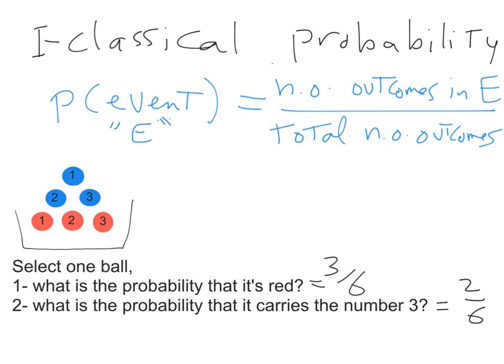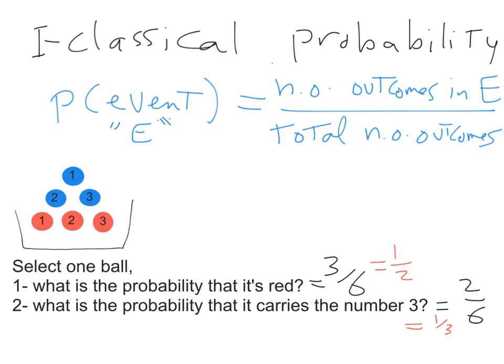Of course, you can rewrite this as 1 over 3, but that's not the issue. The issue is that you need to understand the rule is the total number of outcomes in the event divided by the total number of outcomes, and that applies here as well, in any event. Okay?